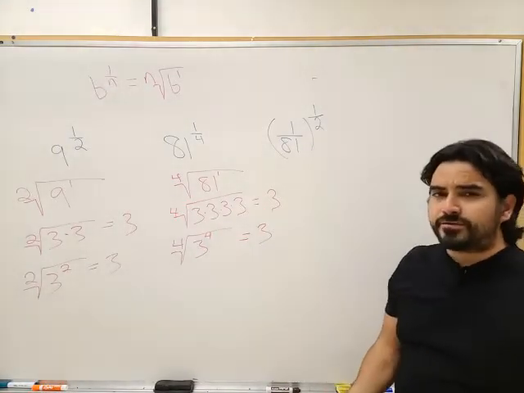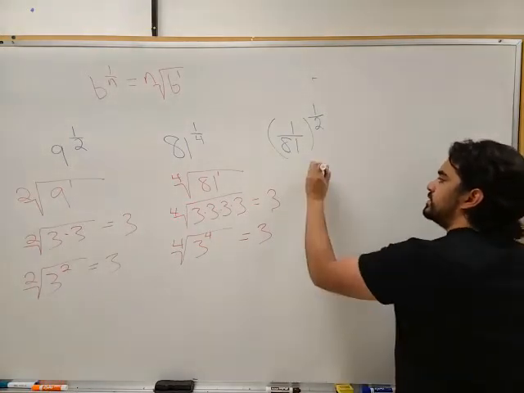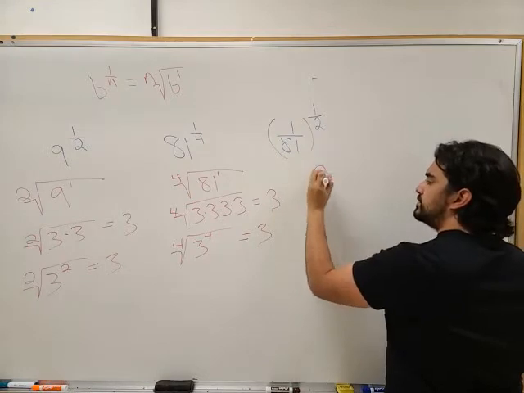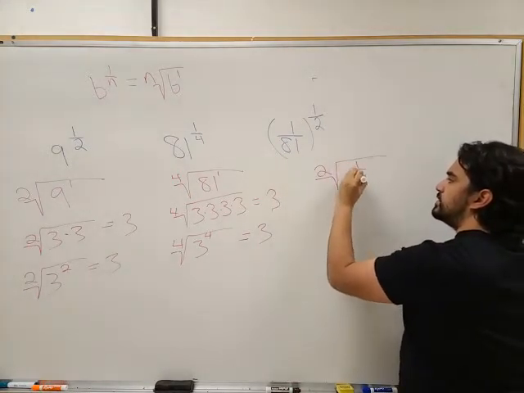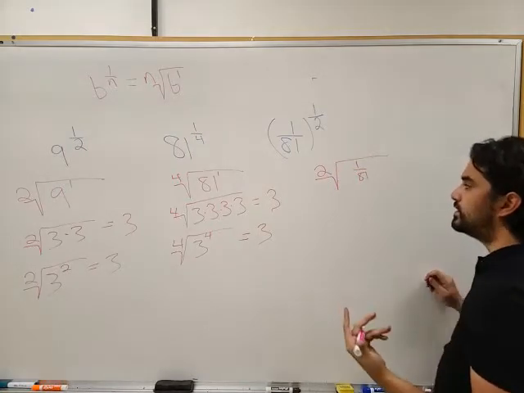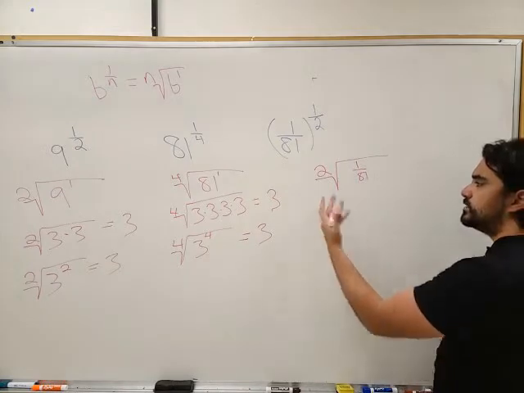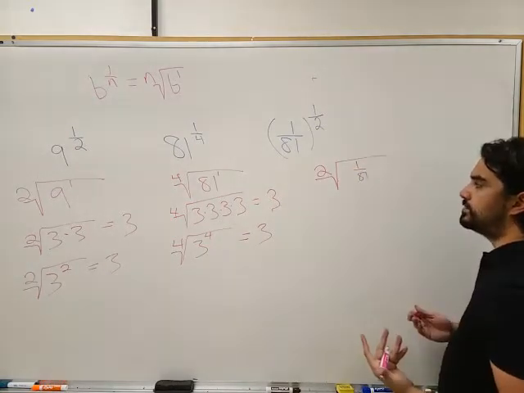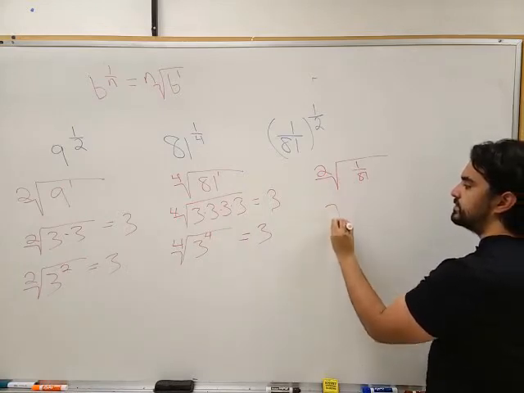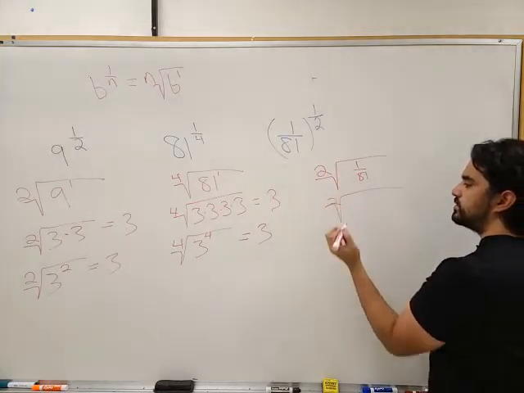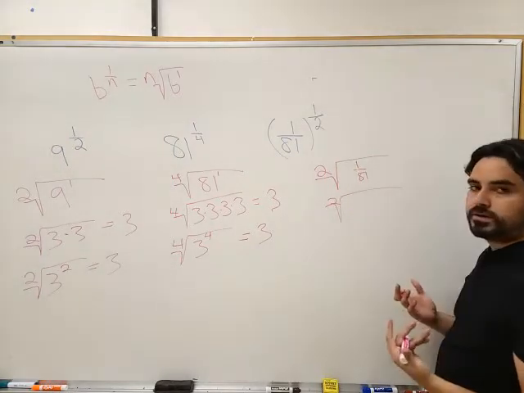Now we have a fraction. What are we going to do with that? Well, remember, the index number is going to be 2, and inside we're going to have a 1 over 81. Well, what this is saying is, what is the square root of 1 over 81? Let's go ahead and get started by putting the radical. We know it's going to be the square root. What 2 factors give me 1?